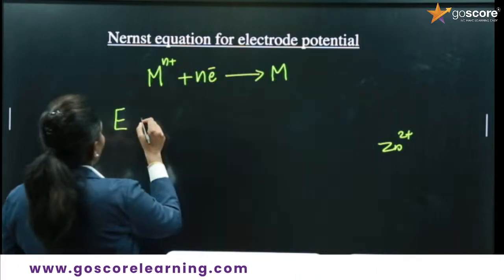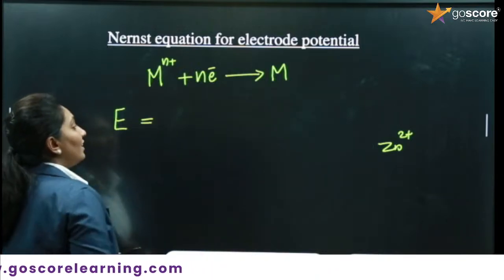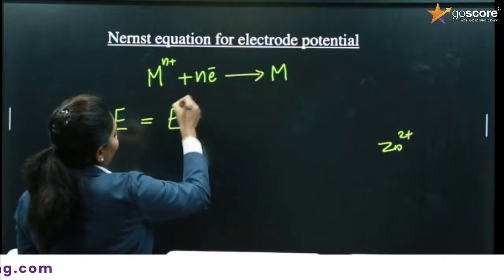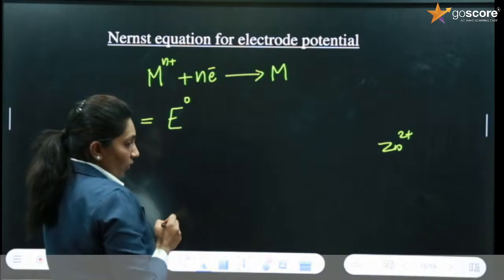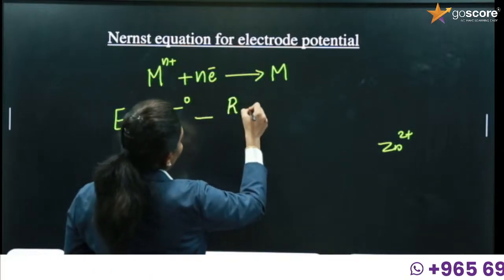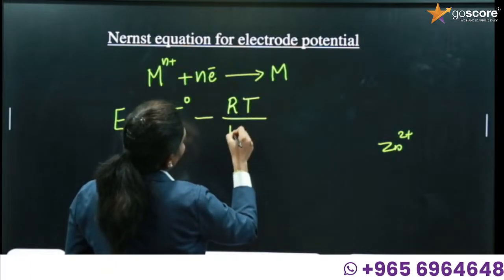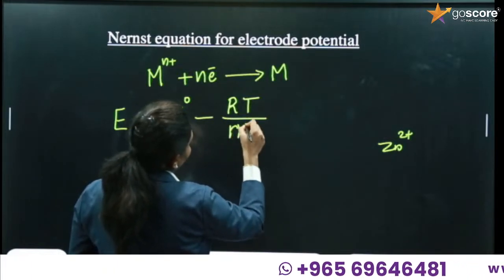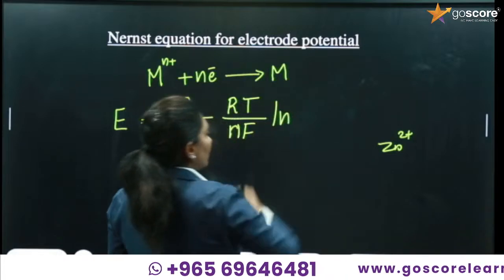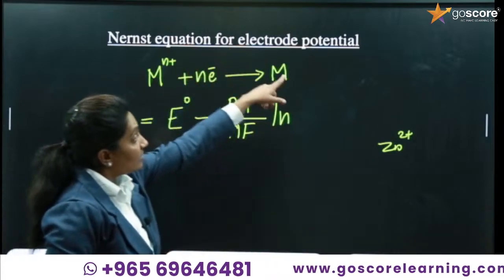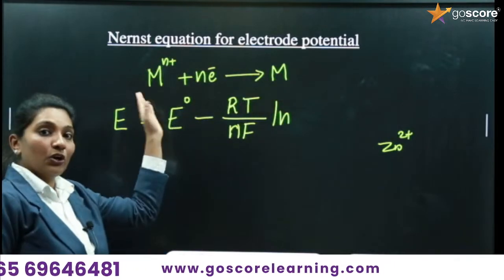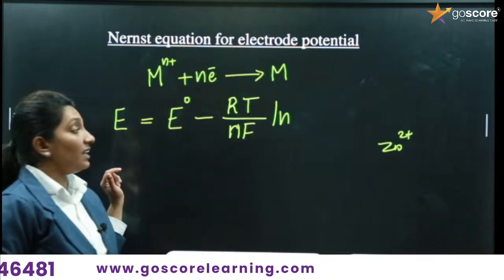So E, the electrode potential of the metal electrode, will be equal to the standard electrode potential E naught minus RT by nF natural log of the concentration of the metal divided by the concentration of the metal ion.